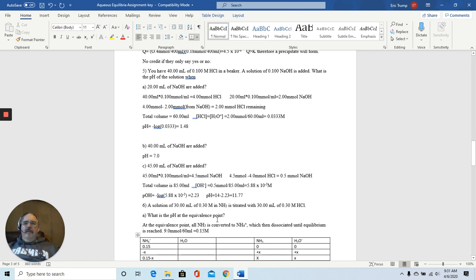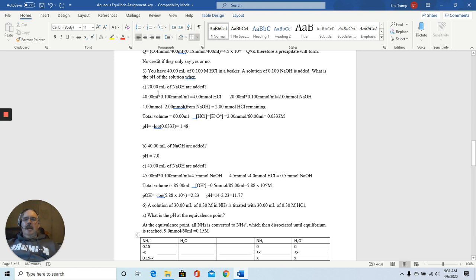Right, number 5. This is a question involving mixing a strong acid and a strong base. We start out with 40 milliliters of 0.1 molar HCl. 40 times 0.1 would be 4 millimoles.